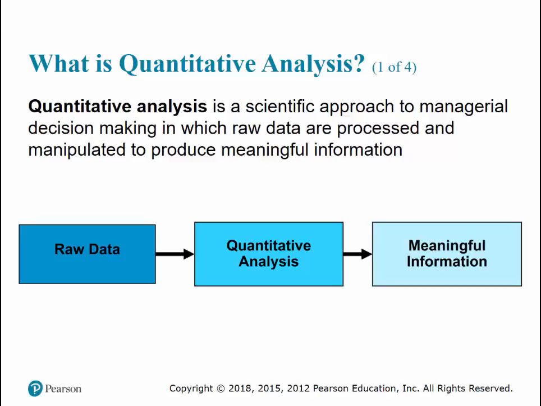So you have raw data coming in and you do the quantitative analysis, and from that you get meaningful information, insights with which you make hopefully intelligent decisions that will be beneficial for the company. So the idea is you take raw data, do the analysis. Analysis is for gaining insights which will then support management decision making.